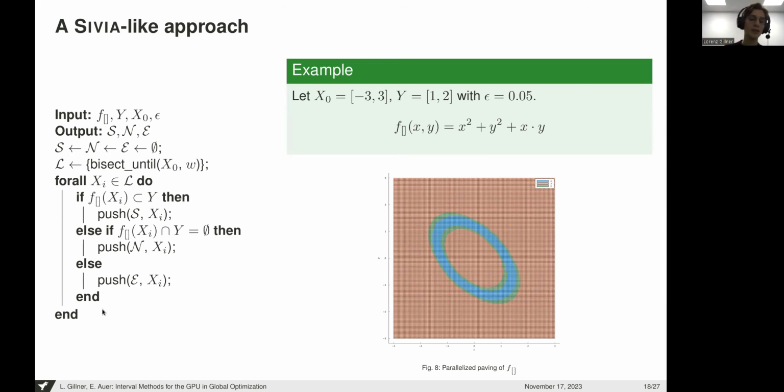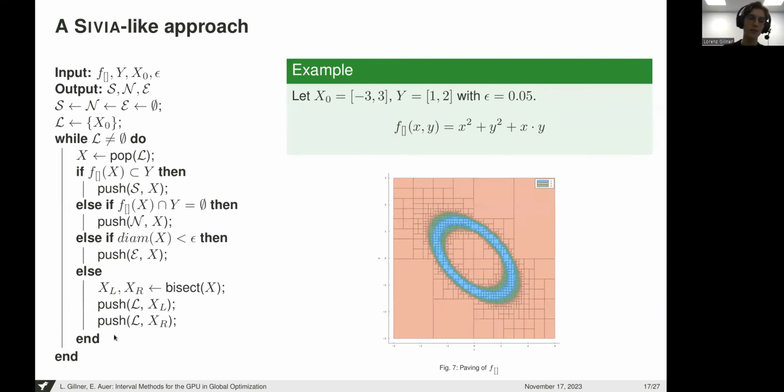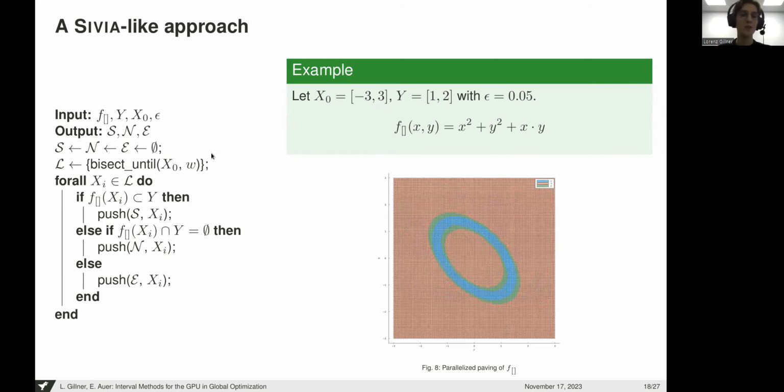And we took the bisection, which in classic Sivia happens in this step, and put it at the beginning of our algorithm, and then applied this filtering step to all of those boxes. And from the picture, we can assume that the results are pretty much similar. And so this is the experimental setup and the methods we used.